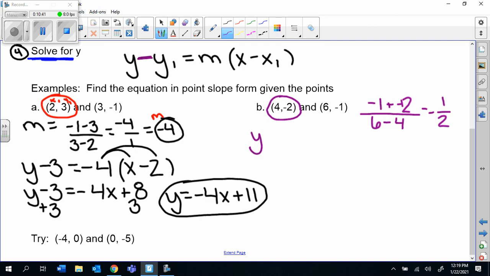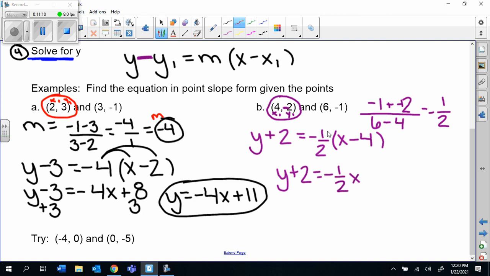There is a negative in this point-slope formula, and my y value here is -2. So this is my x1, y1. And if there's a negative there and a negative there, this is going to change to a plus. My slope is -1/2, and then I have x minus 4. Multiply through by that -1/2, and I get -1/2 x.